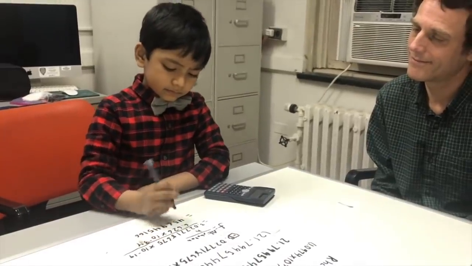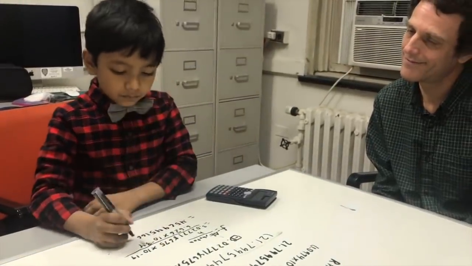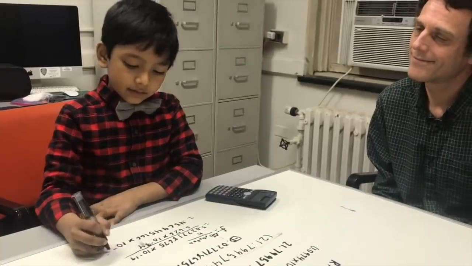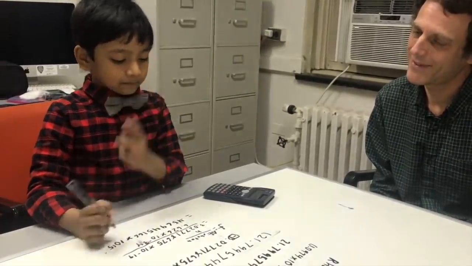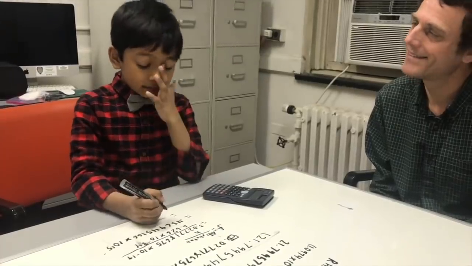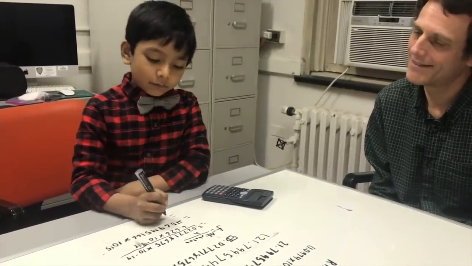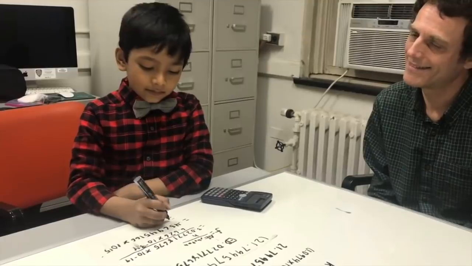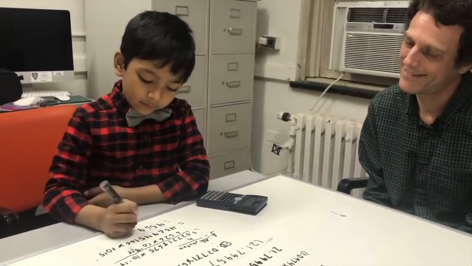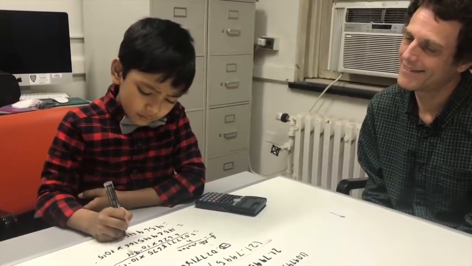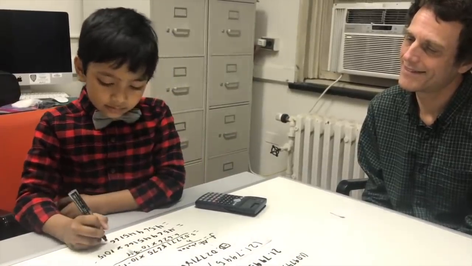Times 10 raised to the 15. You can use addition to solve subtraction. So 456945166 times 10 raised to the 14.